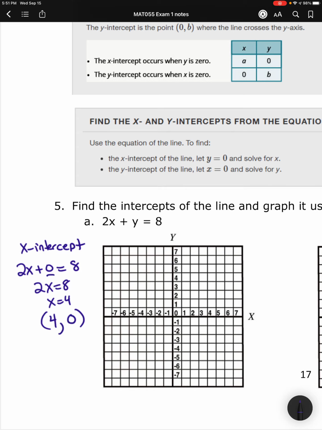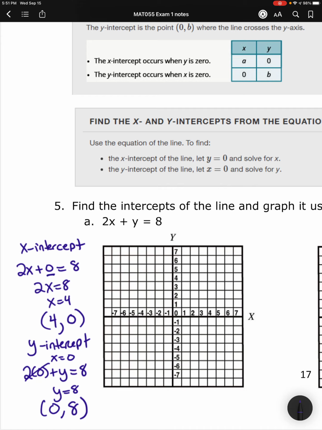That's what we plugged in, right? And then the y-intercept is where x is 0. So it'll be 2 times 0 plus y equals 8. And that's just 0, so y equals 8. And the coordinate would be 0, 8. So the algebra for these are generally pretty easy because one term is just going to be 0.